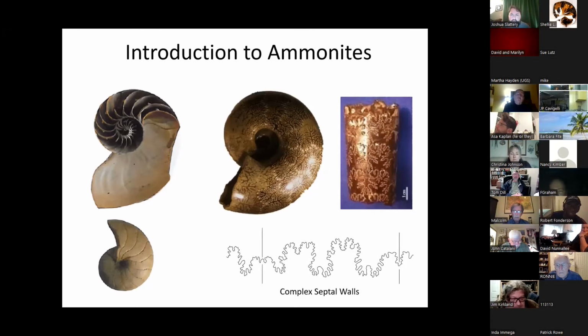So they have very similar shells to the nautiloids, but they're not as closely related, and I'll talk about that in a second. One of the primary differences that defines the ammonoids is their septa. I suspect most people, if they've seen ammonites before, have seen these very distinct chambered shells, just like the modern nautilus.